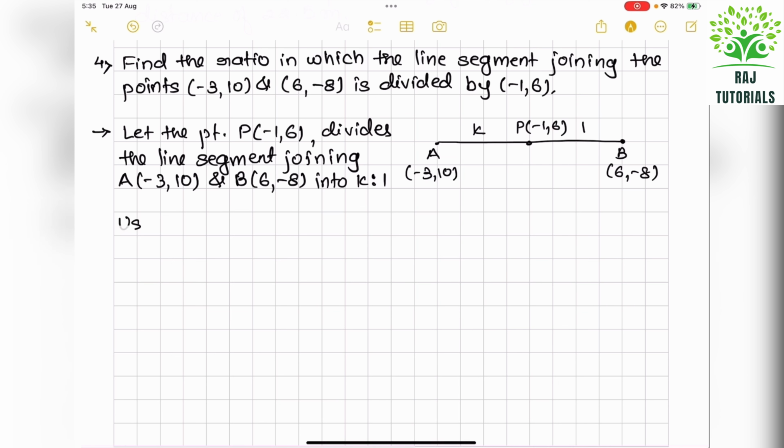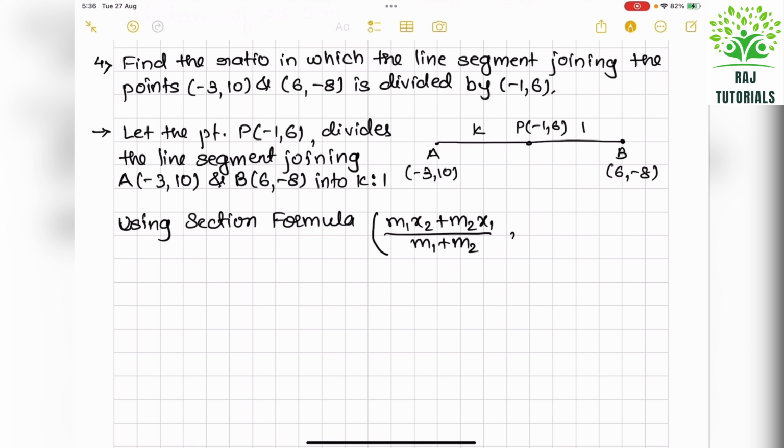Now using section formula, that is m1 x2 plus m2 x1 upon m1 plus m2 comma m1 y2 plus m2 y1 upon m1 plus m2, we will find the point.